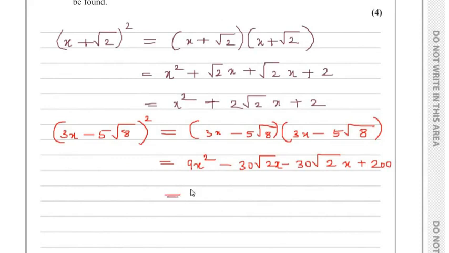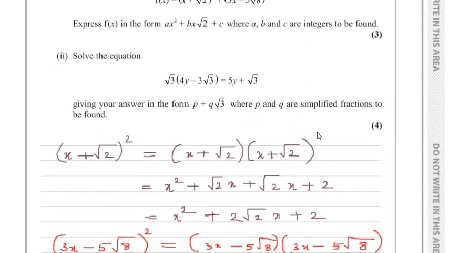Now further simplifying this and combining the like terms, we get 9x square, and minus 30 root 2 x minus 30 root 2 x. When we combine this, we get minus 60 root 2 x plus 200. So these are the two answers of these two brackets.